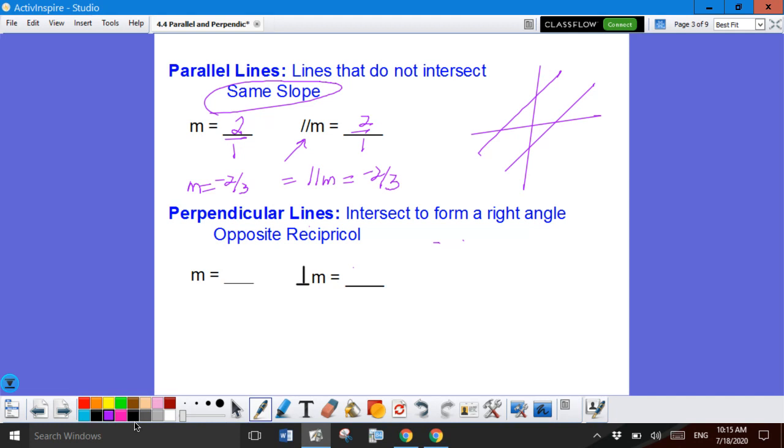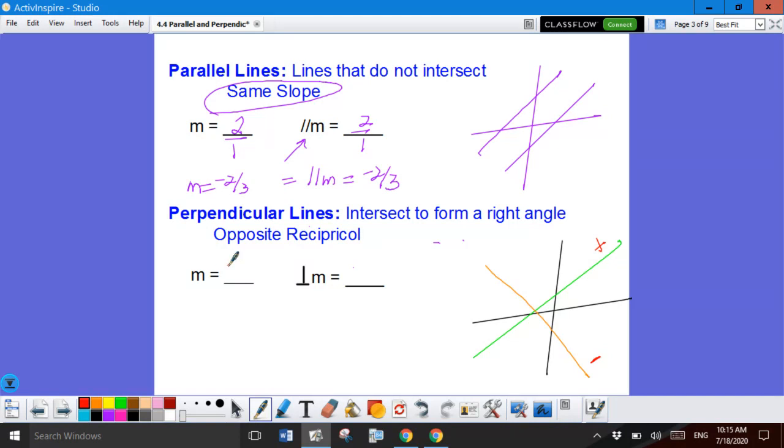Now, if I have perpendicular lines, that's different. So here's one line, here's the other line. The first thing I want you to notice is this one is positive and this one is negative. So they flipped in terms of sign. And then the other thing that is going to happen is the numbers are actually going to flip.